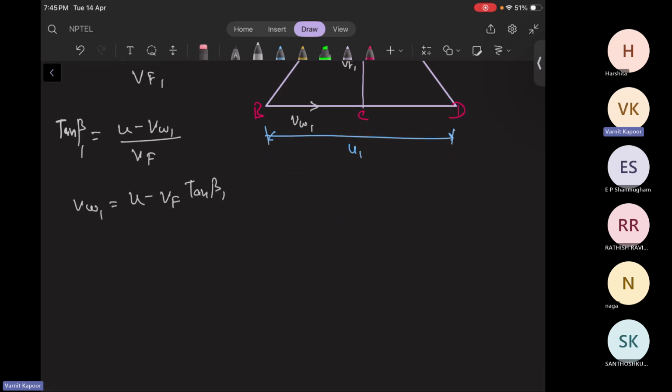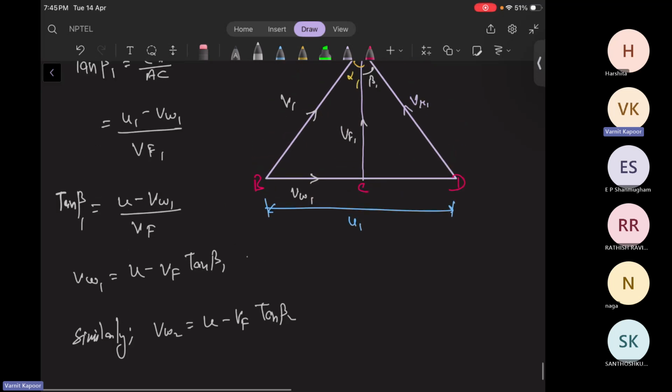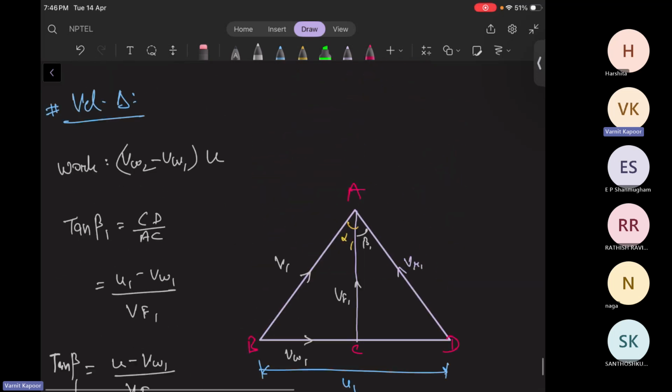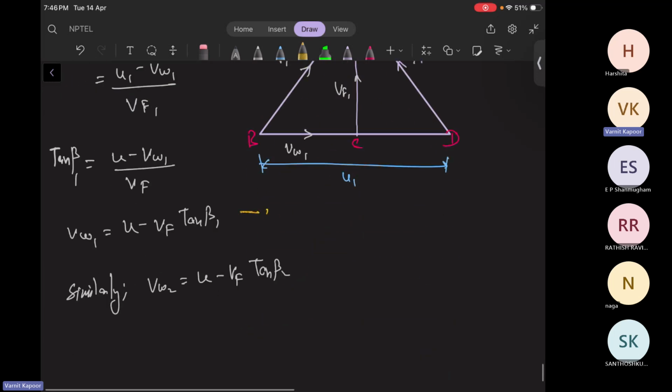Similarly, if you see the other triangle at the outlet, your VW2 will be U minus VF tan beta 2. Okay, let us say this equation was 1, this equation is 2, this equation is 3.